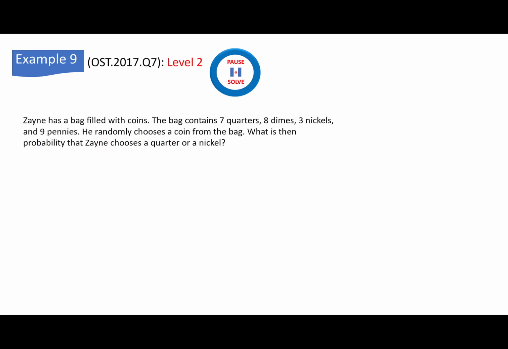Example 9. Zain has a bag filled with coins. The bag contains 7 quarters, 8 dimes, 3 nickels, and 9 pennies. He randomly chooses a coin from the bag. What is the probability that Zain chooses a quarter or nickel? This doesn't happen at the same time, so these are mutually exclusive events.